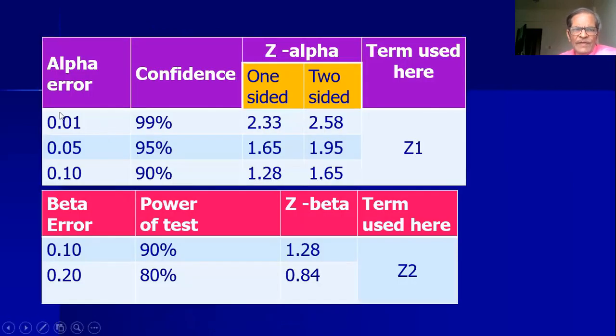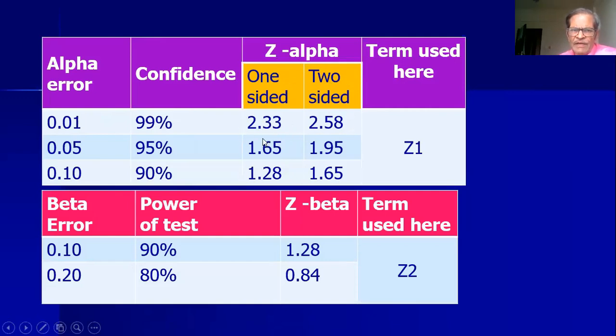So if the alpha error is 0.01, the confidence level is therefore 99%. Depending on whether the test you are using is one-sided or two-sided, Z alpha will be 2.33 or 2.58.